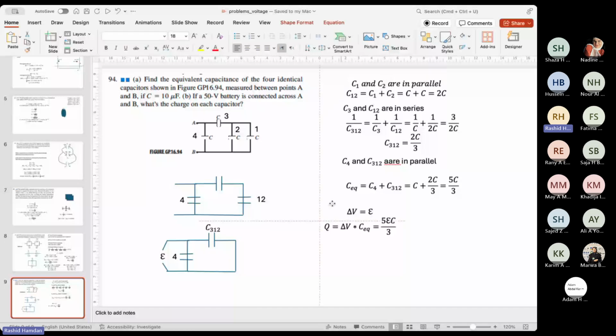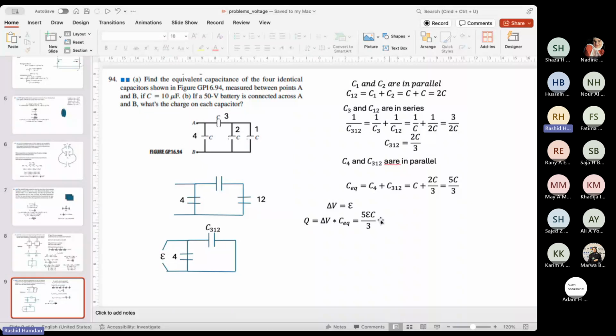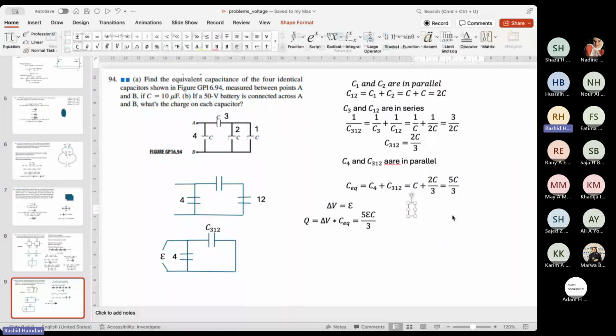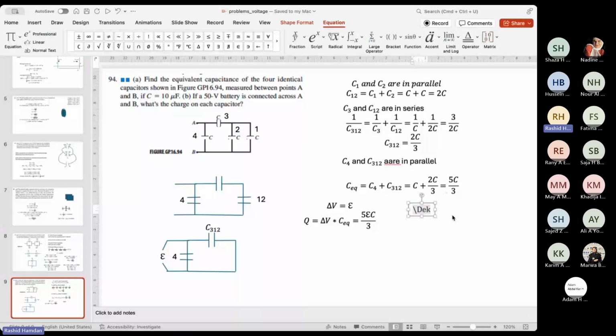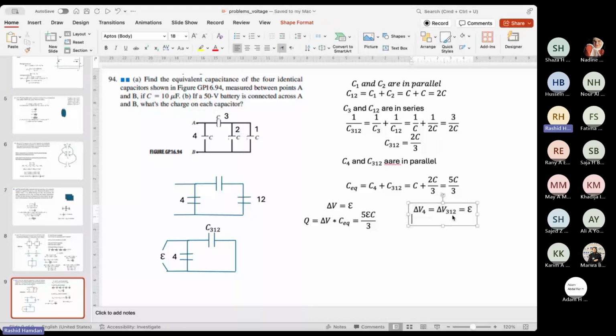Now, C312 and C4 are in parallel. So delta V4 is equal to delta V312, which is equal to E. So I can find Q4.